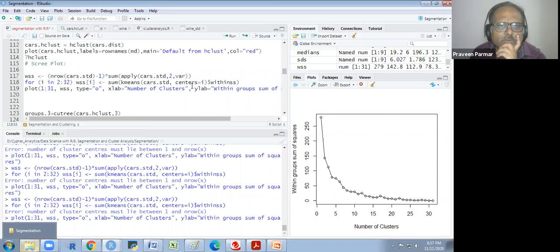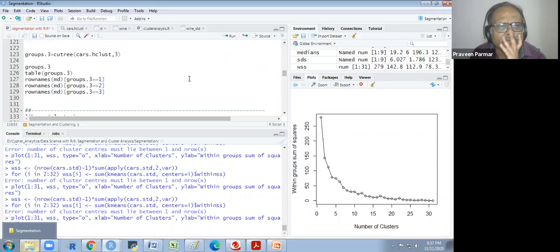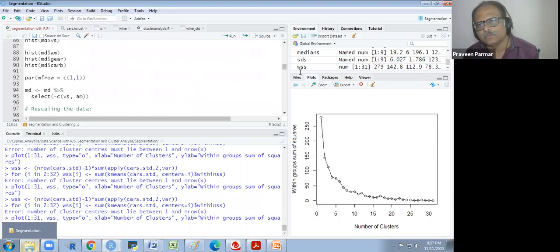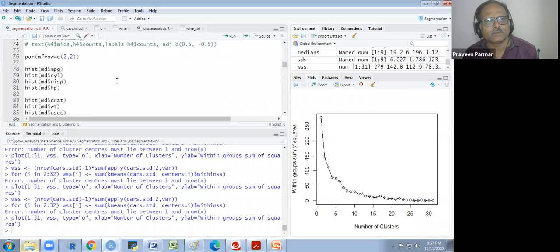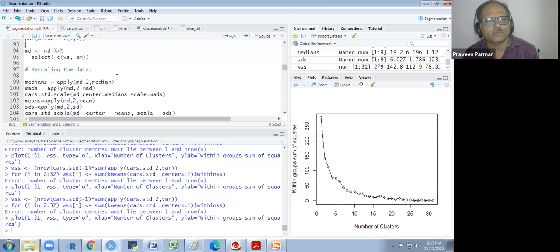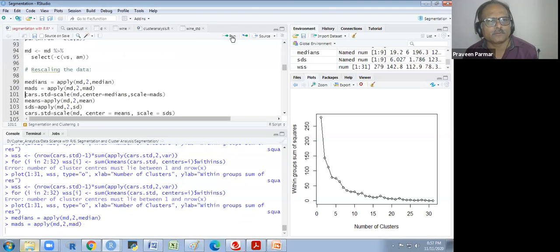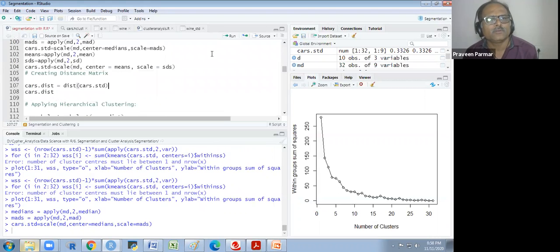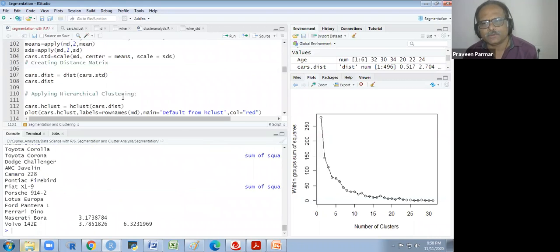So it always gives us different plots, but we don't have any other technique by which we could decide. So one approach we could use here, I will explain that approach and show you what we could use there.